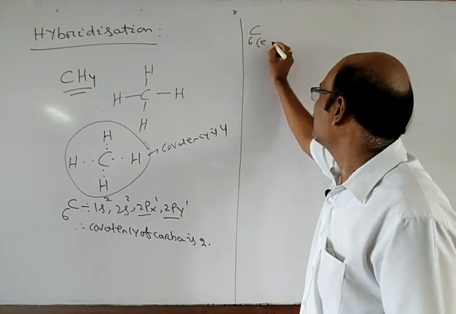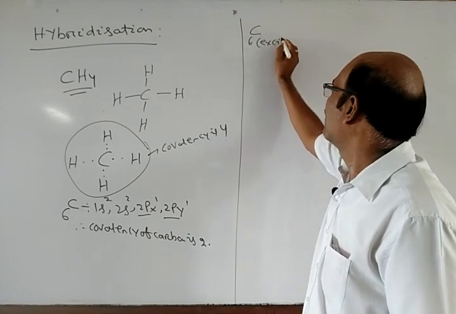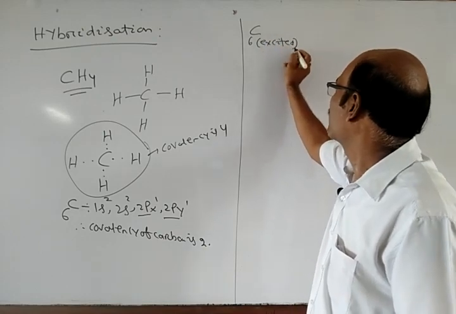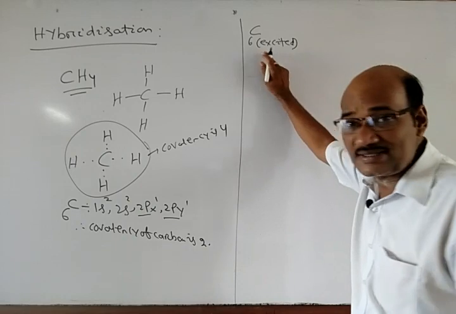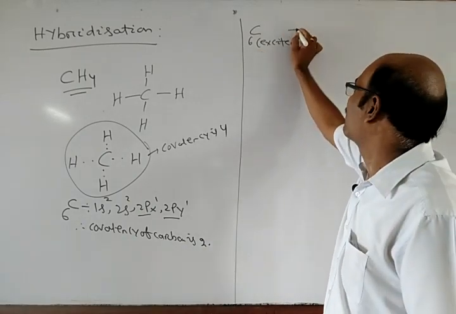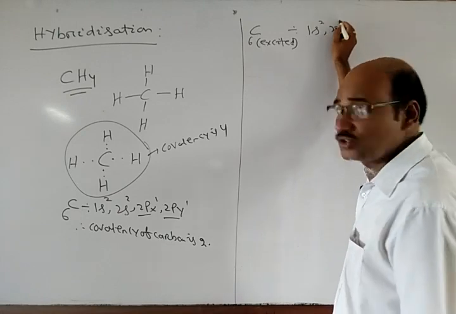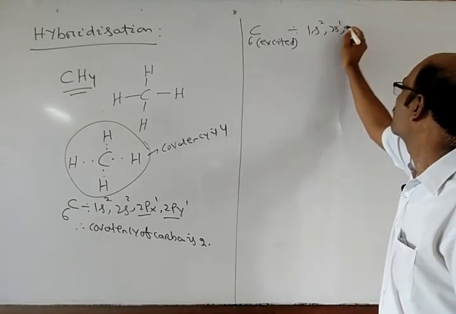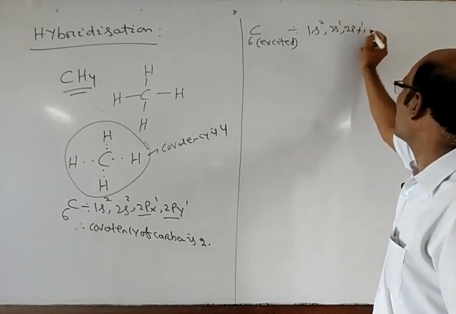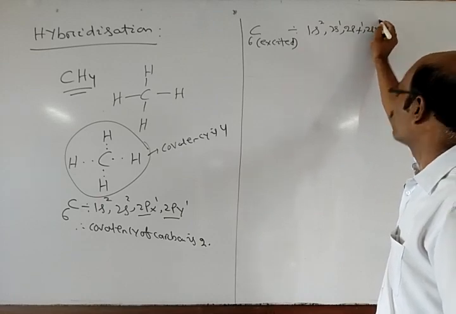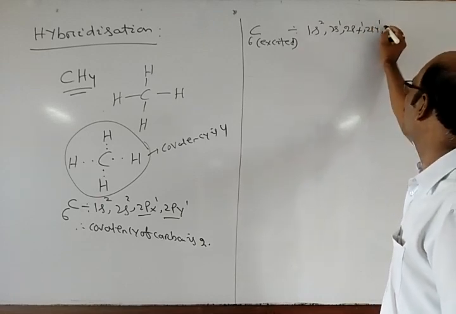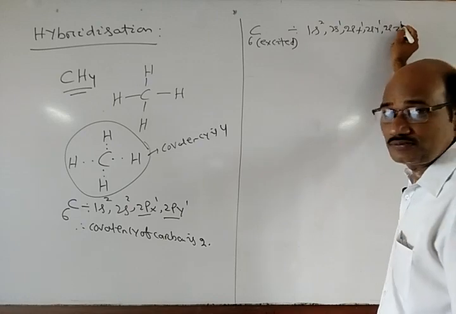So the carbon atom will get excited, and on excitation the carbon has 1s2, 2s1, 2px1, 2py1 already there, now 2pz1.